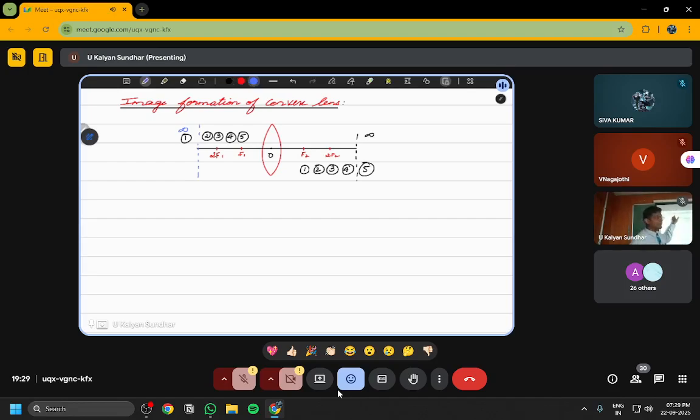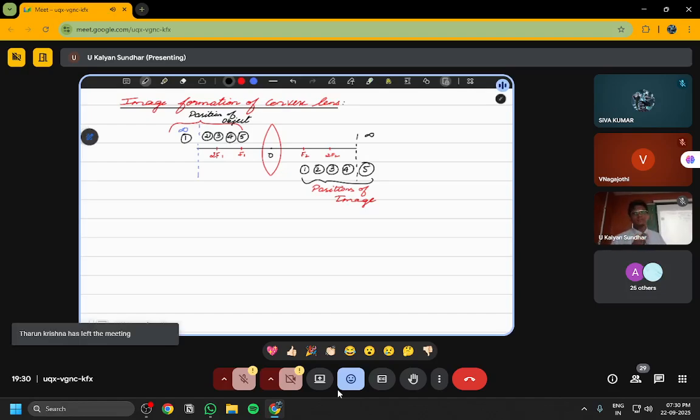So left sideல இருக்க object oda positions and right la image oda positions. So these are the positions of image and position of the object, right? So now next comes its nature. 1லிருந்து 5 வர.